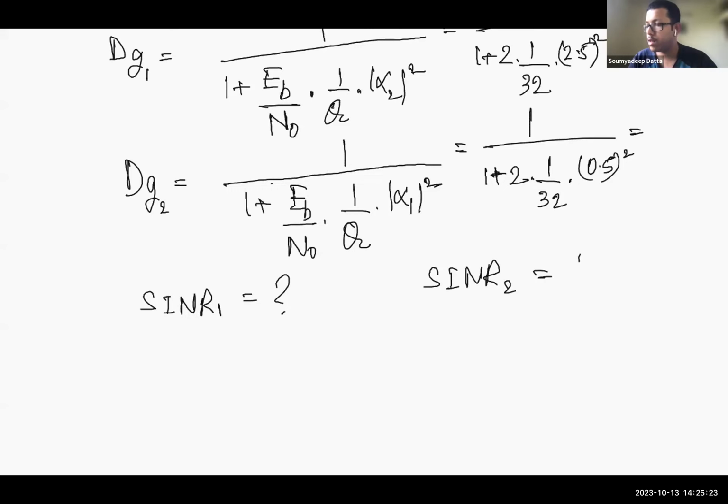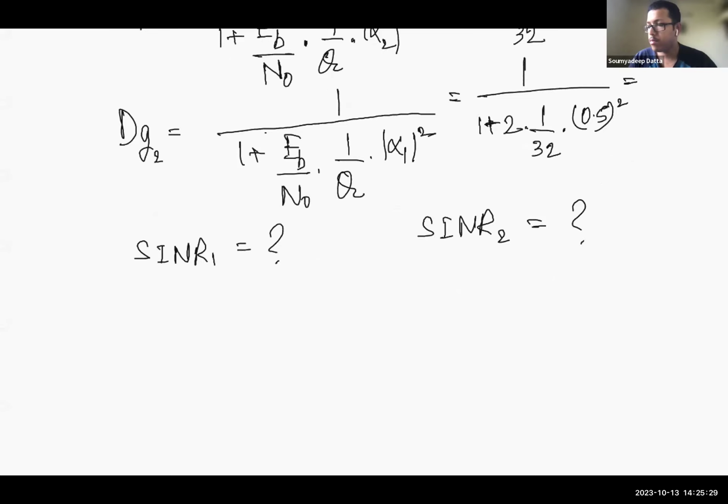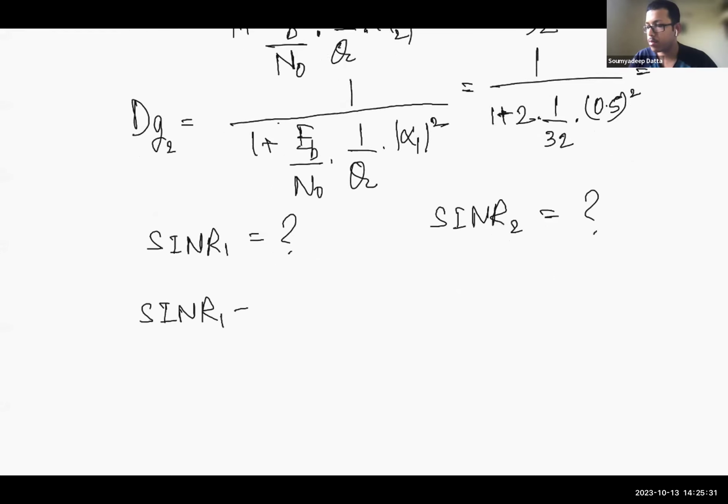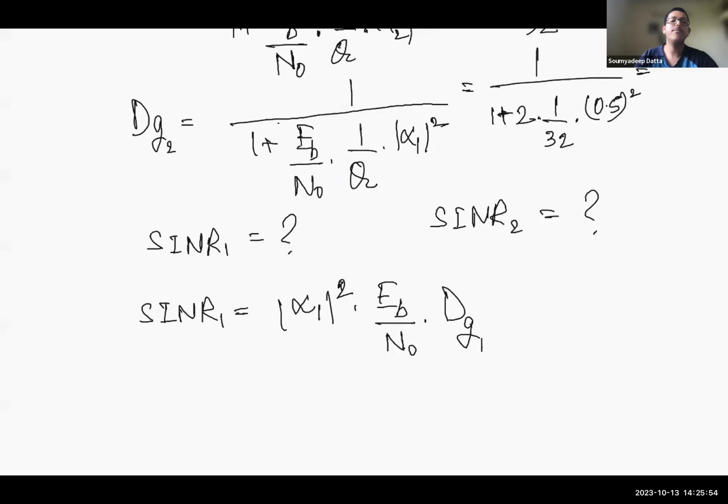As I said, SINR 1 is firstly the channel gain of user 1 times AWGN SNR Eb by N naught times degradation factor DG1. This is why it is called degradation factor, because this quantity is less than 1, and this indicates the impact of interference and noise on the SINR. The impact of interference, to be specific.